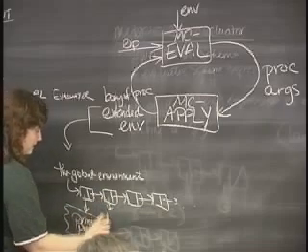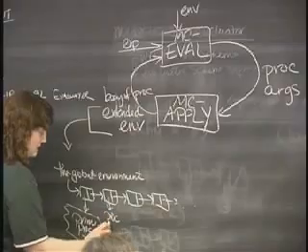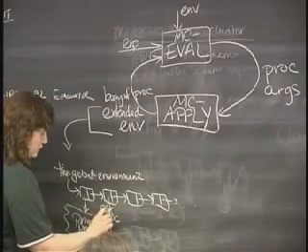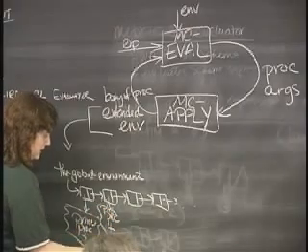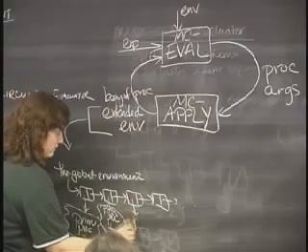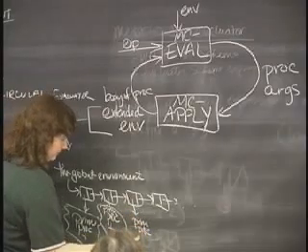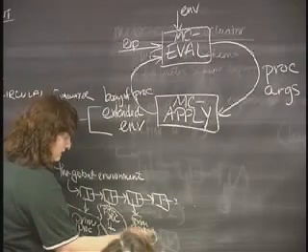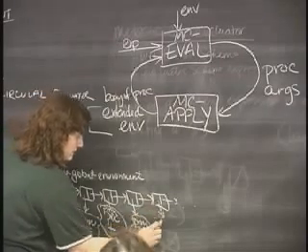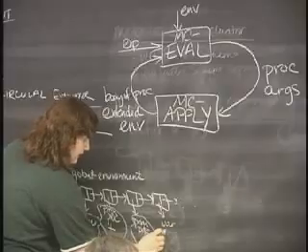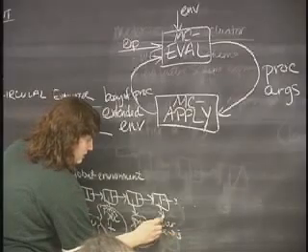We'll have some representation for the primitive procedure plus, for minus, for divide. We might have some variable A bound to 3.